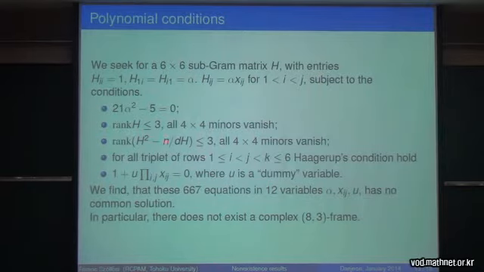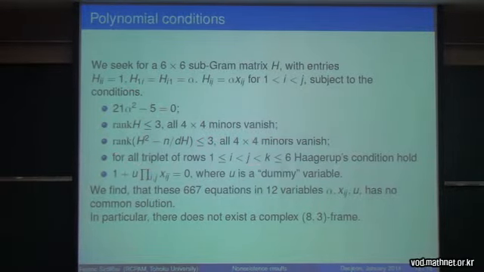And then H squared minus n over d times H has rank at most 3, because we threw away 2 rows and 2 columns from the matrix. So once again, it's a minor condition. And these alone aren't powerful enough to conclude non-existence, but we have this Haagerup type identity I introduced in the previous slide.